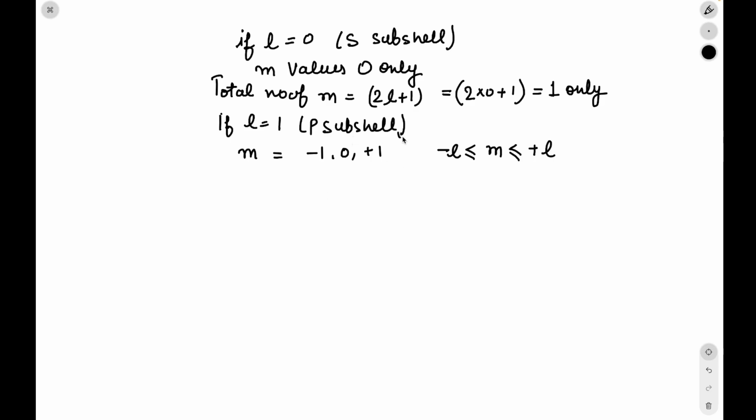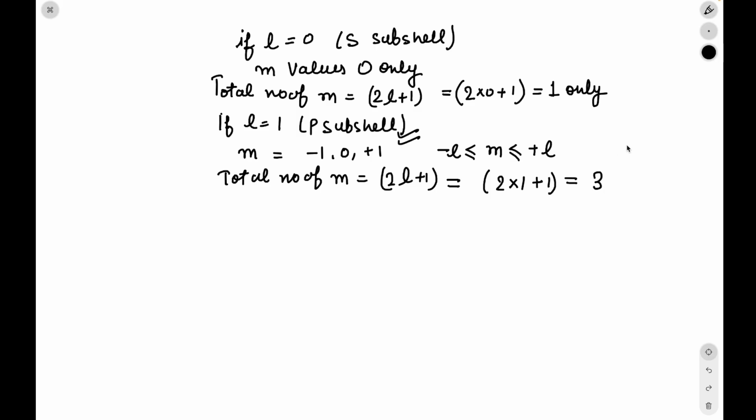So for the p subshell, the value of m is minus 1, 0, plus 1. And the total number of m values will be 2l plus 1. That is 2 into 1 plus 1. So the total number of m values will be 3.